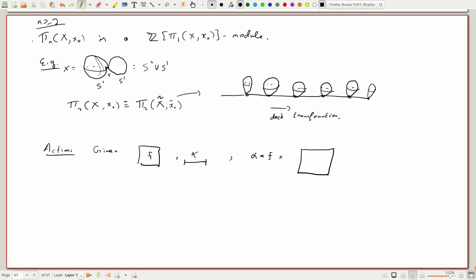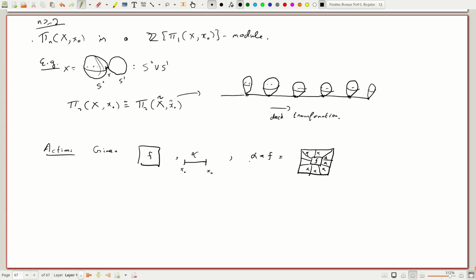Remember, alpha is a loop, so this guy goes to x0, this guy goes to x0. Okay, so I keep f kind of small inside, and this time instead of taking a radial homotopy in each radial direction, I put alpha. It's not that difficult to write a formula for this. You have a smaller square inside a bigger square, and you have alphas which start here and go back by alpha. So this is the action.